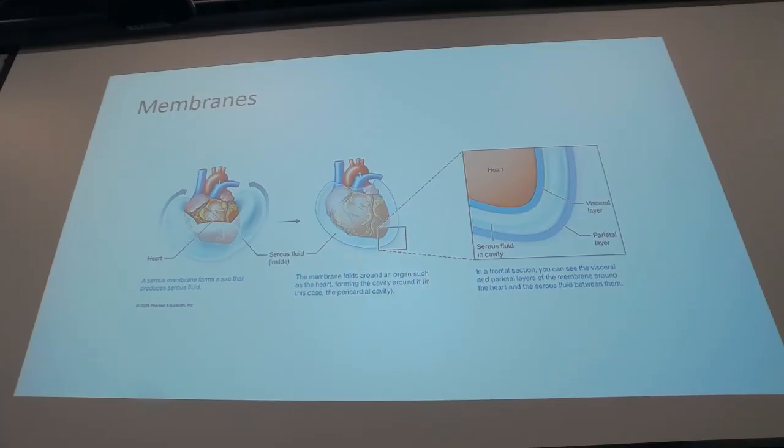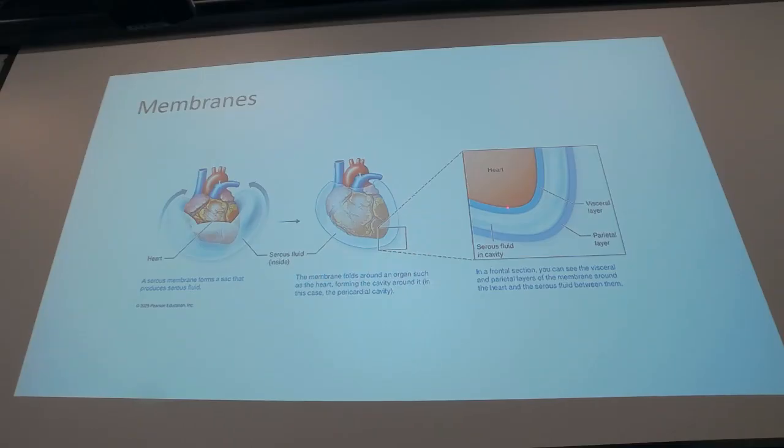And then just to show you that many membranes have two layers, they show here the heart, which is this, surrounded by a series of membranes that form a sac, and inside this sac you have fluid. This is called the pericardial fluid. So the membrane folds around the organ, forming a cavity.